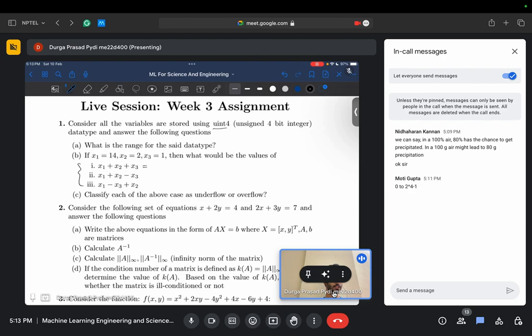If it were normal arithmetic, it would be just 14 plus 2 plus 1, which will give you 17. But our current data type range is just 0 to 15, so you cannot store 17 in that. So what would the value of this be?